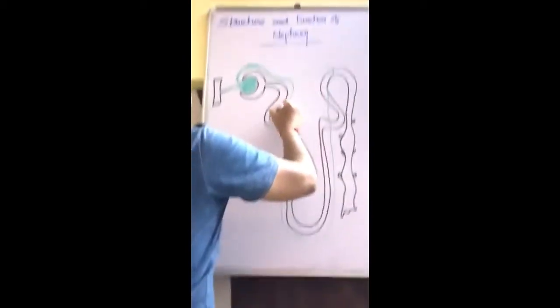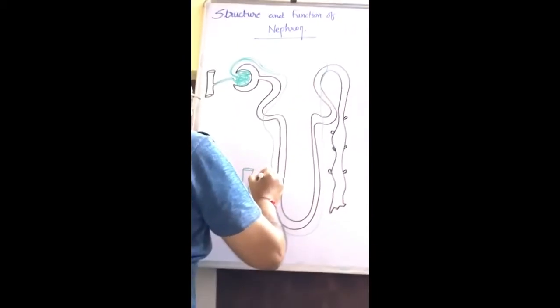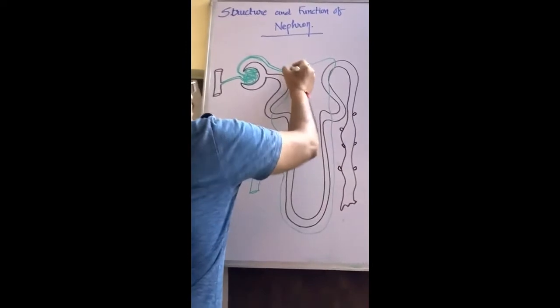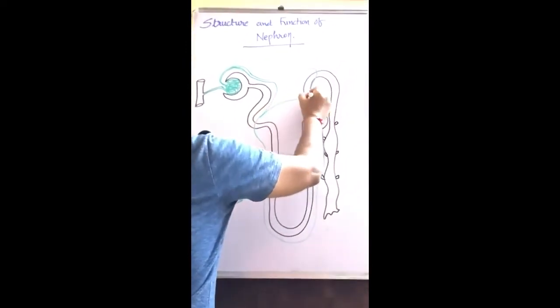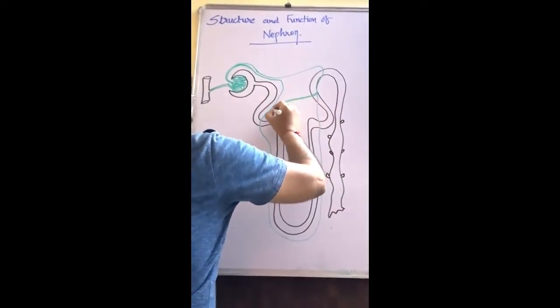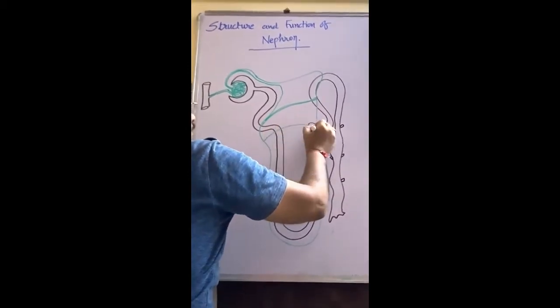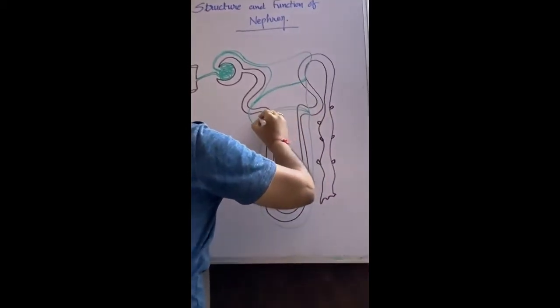Now you can draw randomly, but remember these vessels are fine, that means very thin and fine vessels.